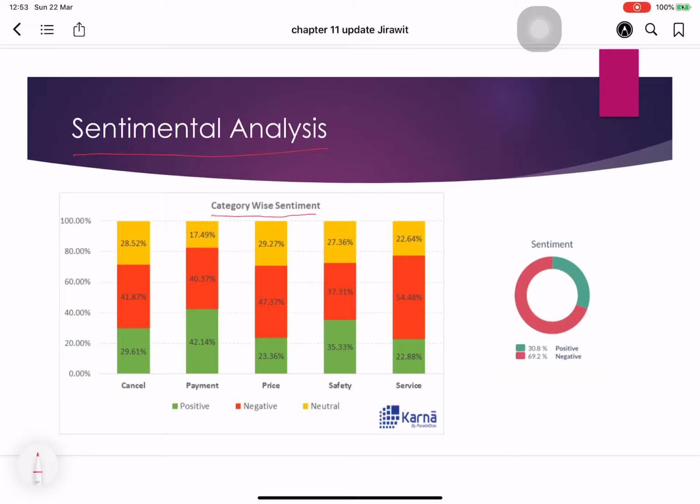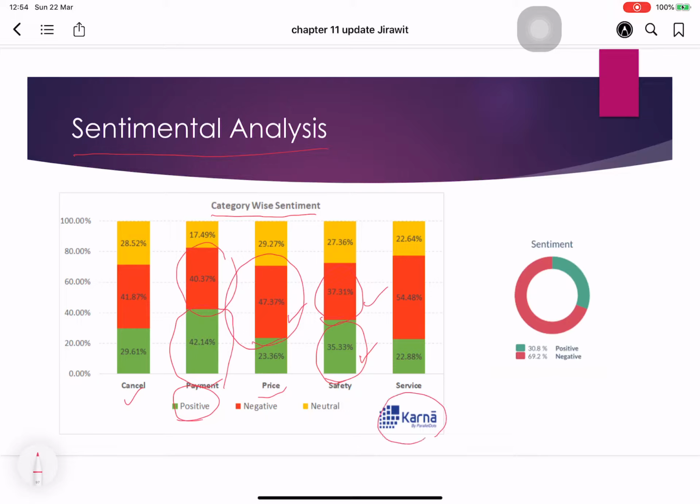Category of sentiment: you can see from the graph, negative and positive, right? For cancel, they have no positive feeling. For payment, they feel positive, quite close to the negative. For the price, there are comments that are negative. For safety, positive and negative are quite close. You can see from the percent.